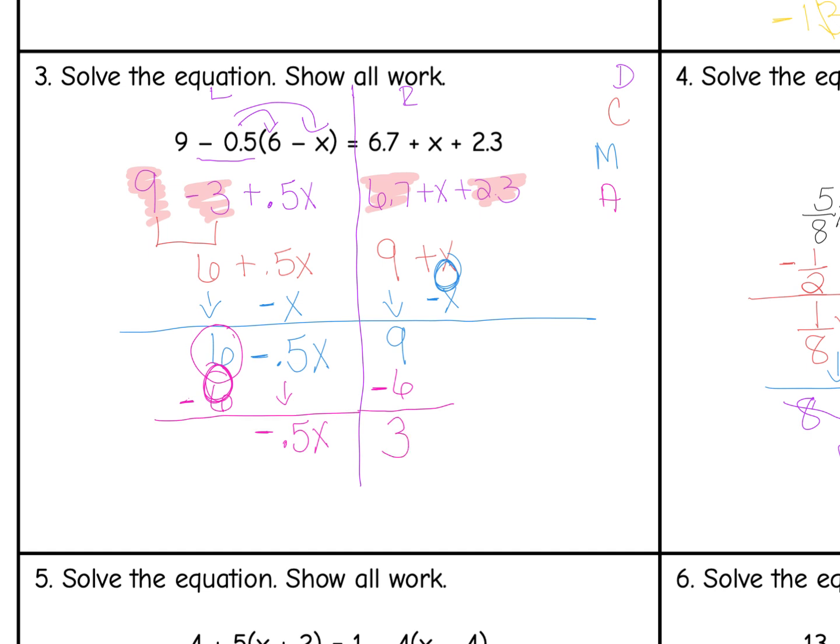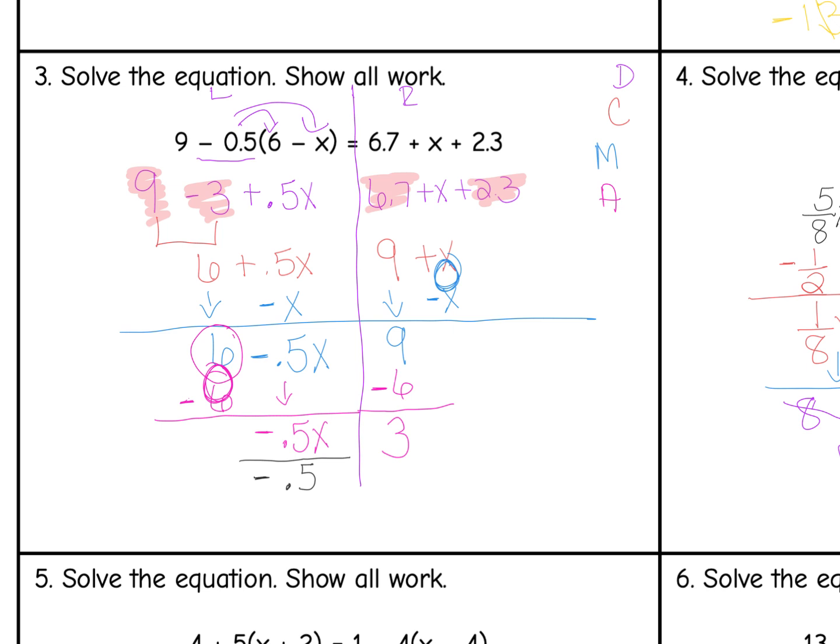Good. Almost there, almost down to our last step. So I need to solve for x, but right now I have solved for negative 0.5x. So how do I get rid of that 0.5 attached to that variable? Well, I'm simply just going to divide it. So here I'm going to do a negative 0.5. And we know that any number divided by itself leaves me with 1.